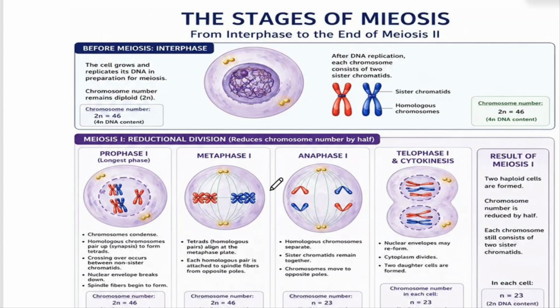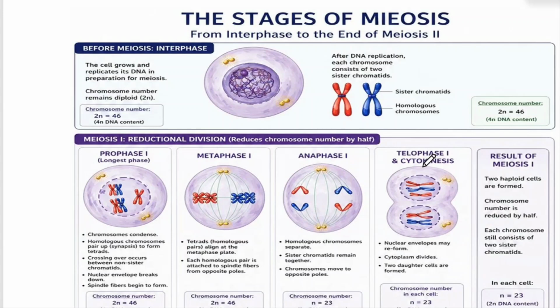Meiosis is divided into two divisions. Meiosis 1 is the reductional division, which is divided into prophase 1, metaphase 1, anaphase 1, and telophase 1.